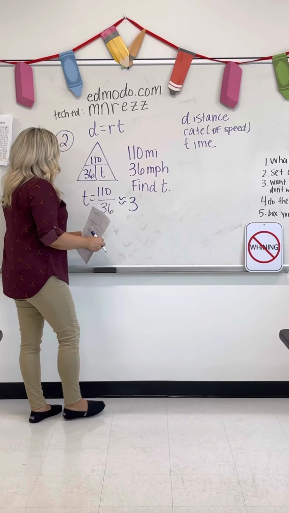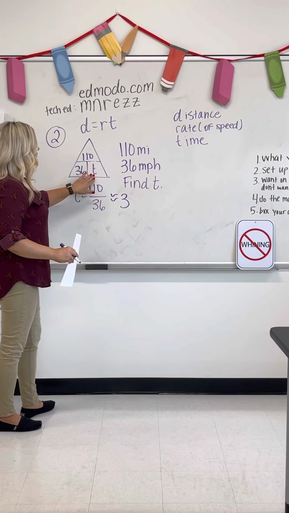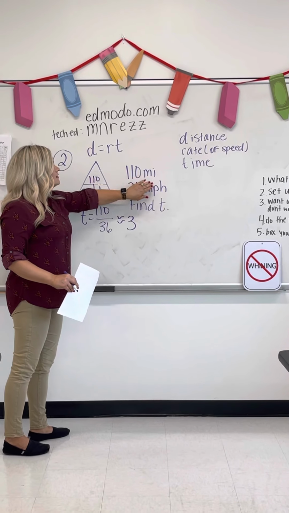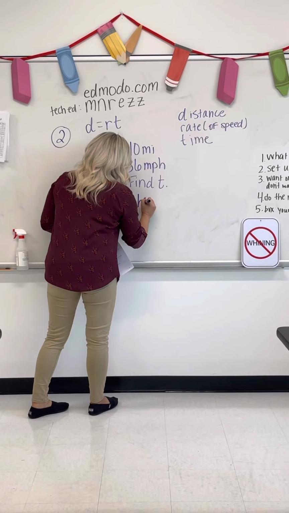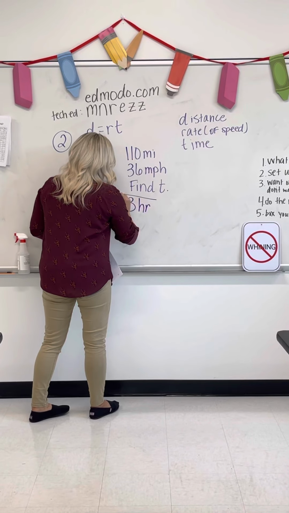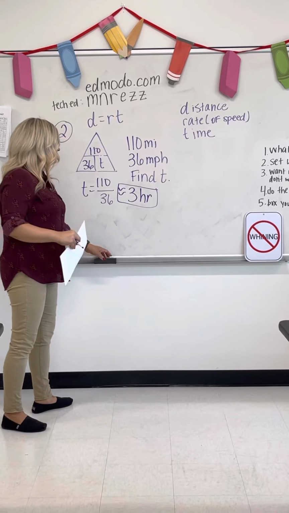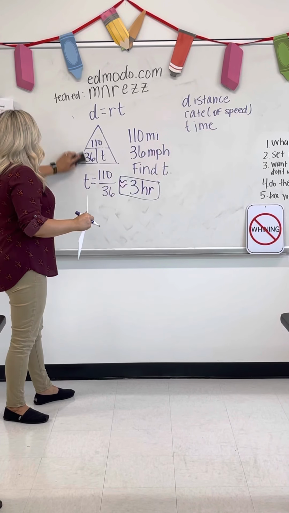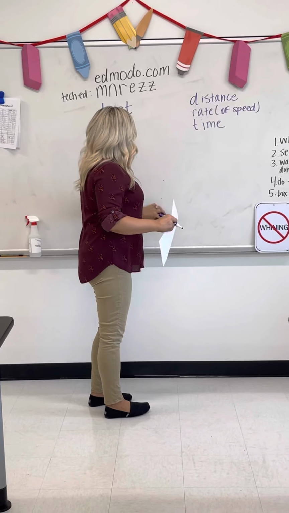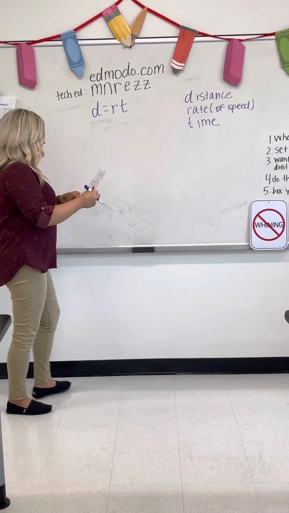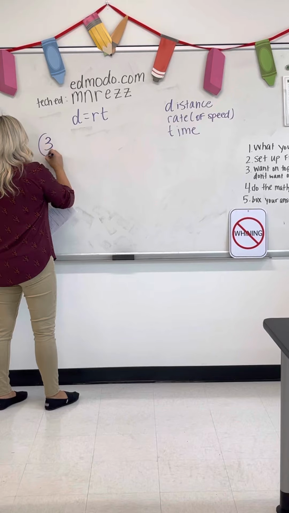And then our unit, what's our measurement for time? This is miles per hour, so our time is going to be hours. About 3 hours. All right, and that's number 2. So I'll do number 3 for you, and then you're going to do the rest of the problems by yourself on this worksheet.